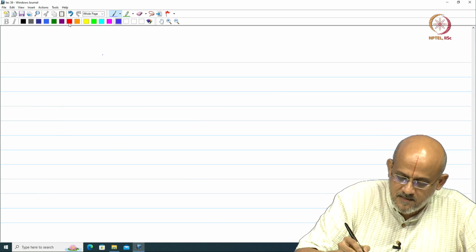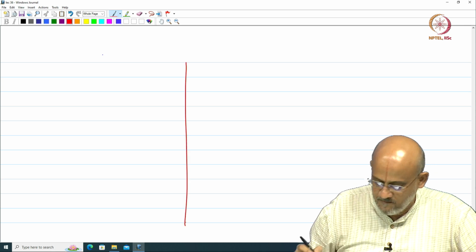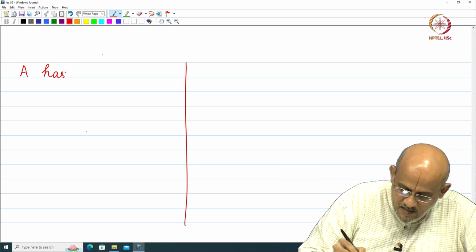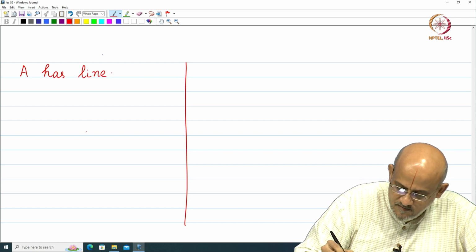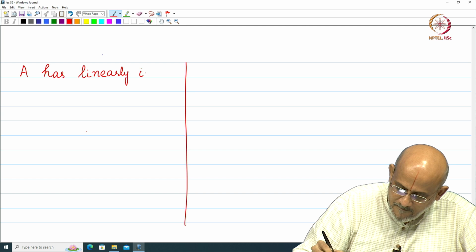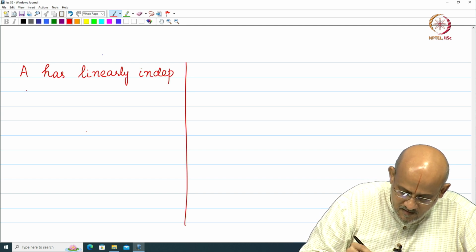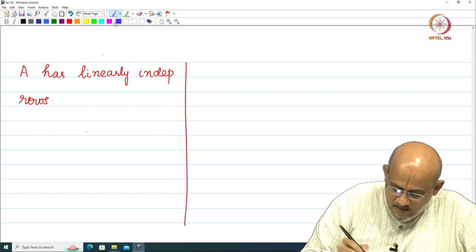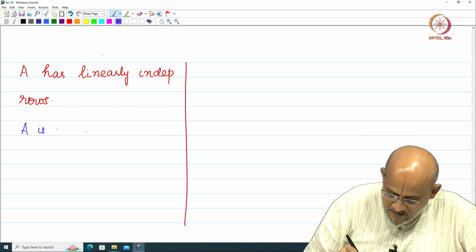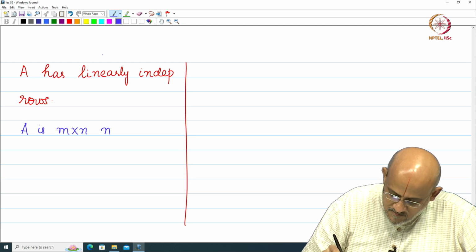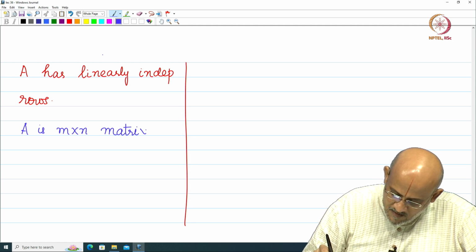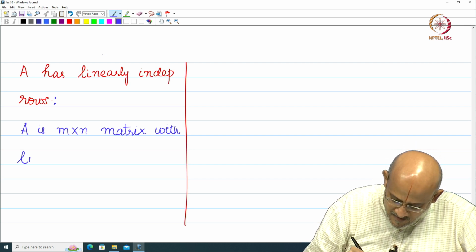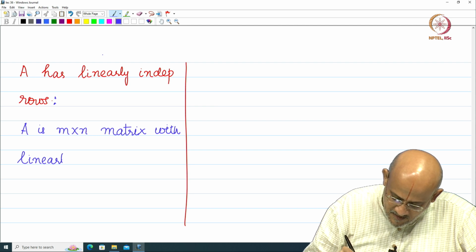The third case we are going to look at is when A has linearly independent rows. Suppose A is an m by n matrix with linearly independent rows. What does that mean?